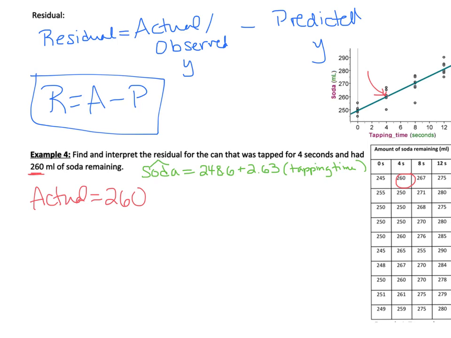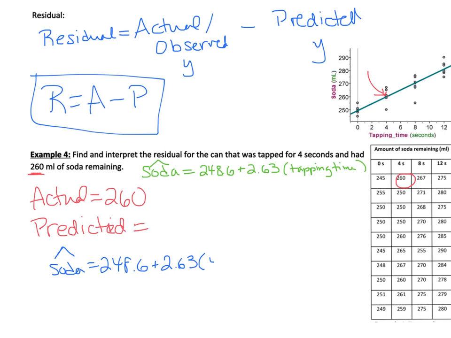The predicted value you're going to find by using your original regression equation. So what I'm going to do for my predicted is I am going to take that equation and substitute in 4 for my tapping time. When I do that, I end up getting 259.5.